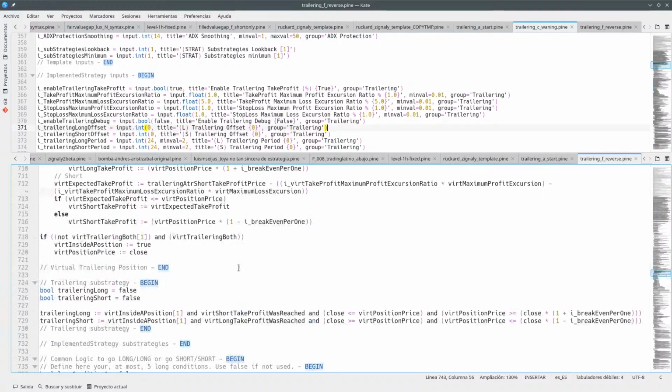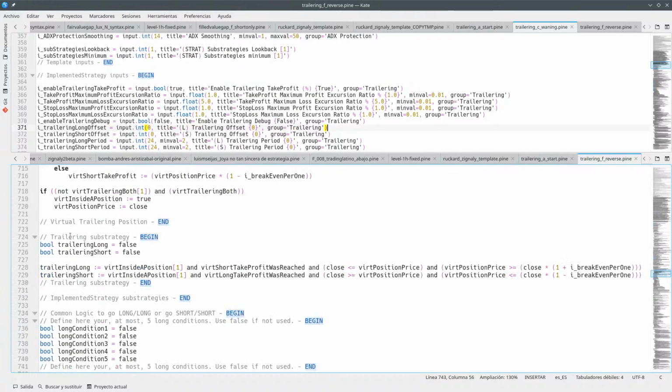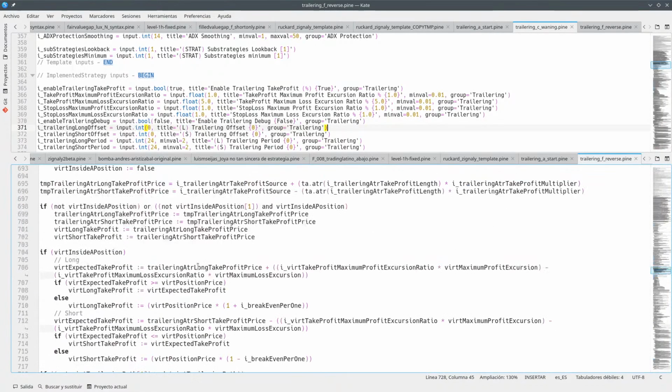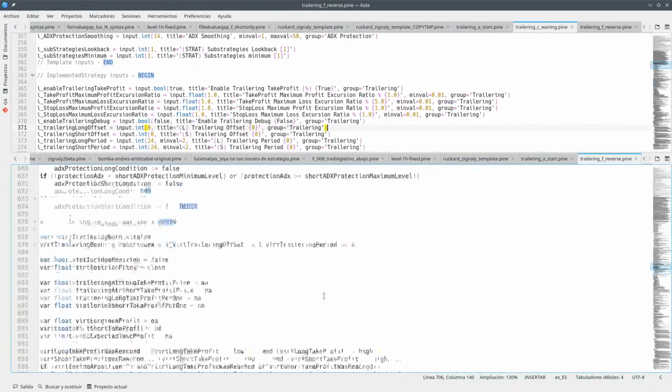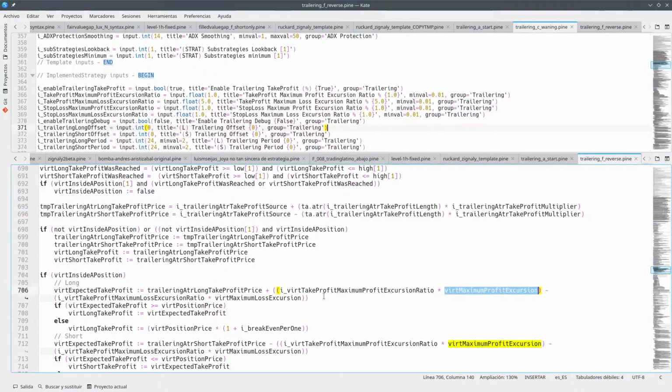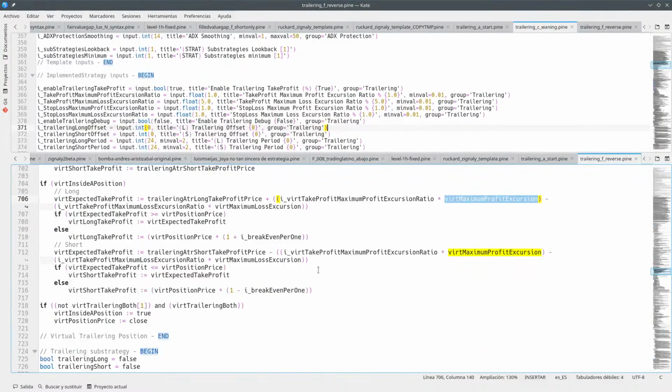Here we have this trailing super strategy, which is about: are you inside the trade, was the take profit reached, does it make sense to even think about it. But if you take a look here, this is using this excursion, and this is not calculated anywhere, so we should be searching for this and having the calculus somewhere.